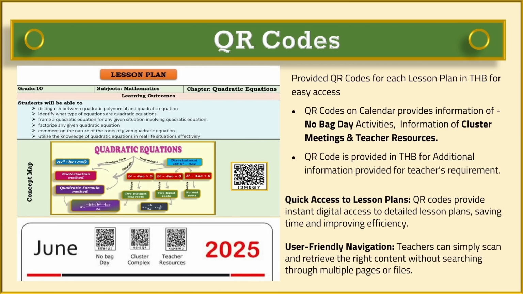A QR code is also provided in the teacher handbook for additional information as per teachers' requirements. QR codes provide instant digital access to detailed lesson plans, saving time and improving efficiency. Teachers can simply scan and retrieve the right content without searching through multiple pages or files.